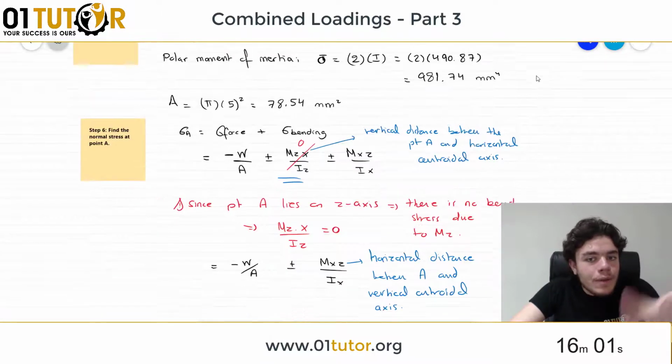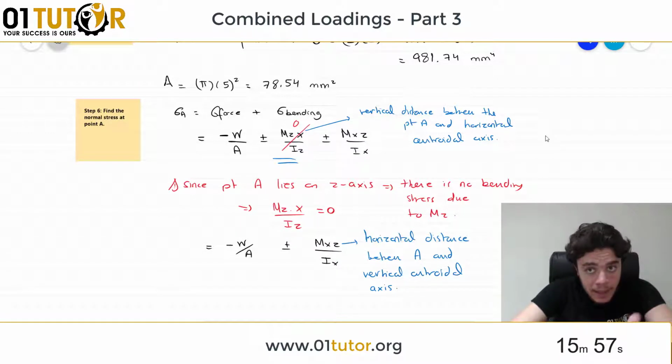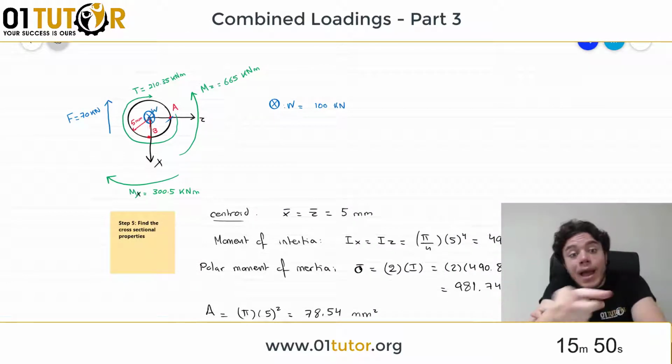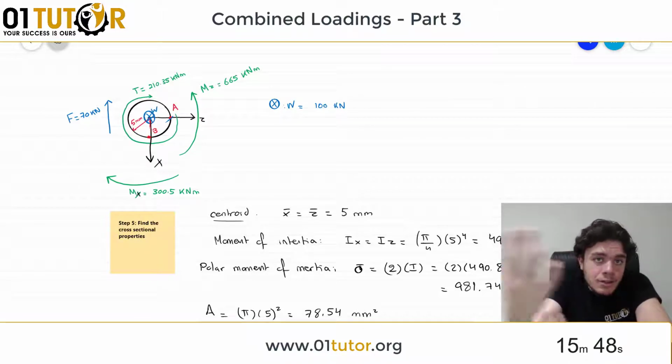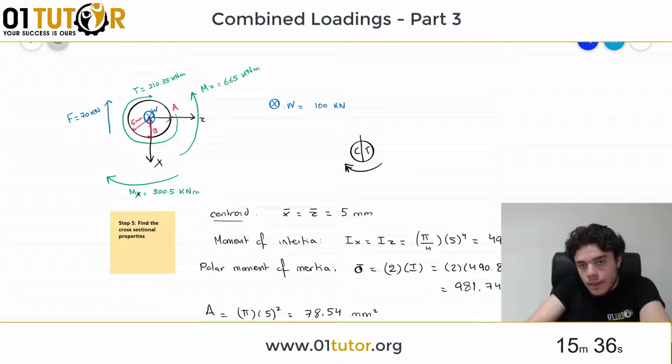So how do I know whether A is under a plus or minus due to Mx? I want to see if A is in the tension zone or in the compression zone due to Mx. So look at the figure and tell me, due to Mx, is A in the tension or the compression zone? Of course it is in the tension zone. Why? Because notice that Mx has this as a tension zone and this as the compression zone, because the arrow in here is for compression.